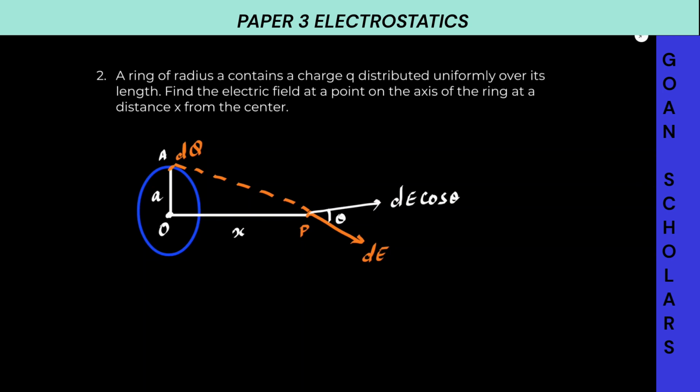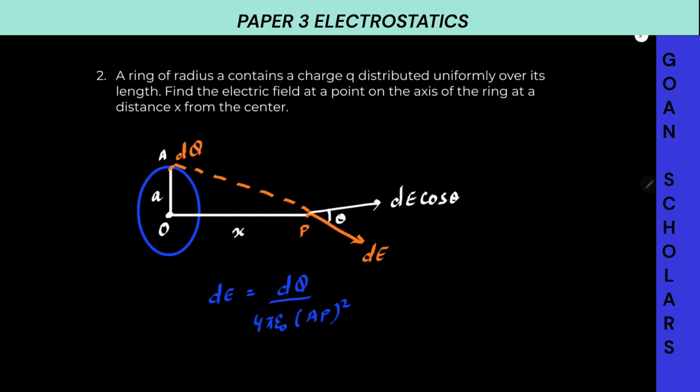So what will be the field due to this infinitesimal charge? That will be dE equals k dq upon AP squared, where k is 1 upon 4 pi epsilon naught, and the distance is AP squared, right? From point A to point P squared.